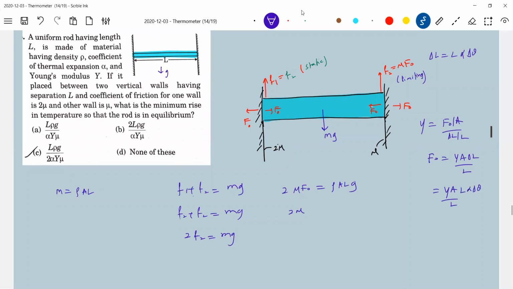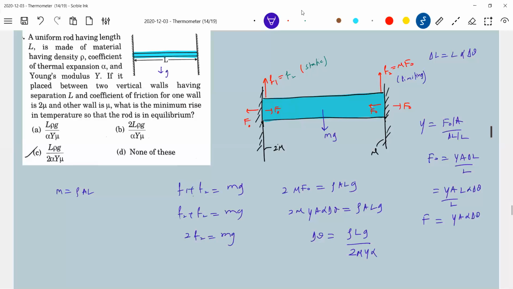L alpha delta theta. So F naught equals Y A alpha delta theta. I'll substitute here: Y A alpha delta theta equals rho A L g. A cancels, so delta theta becomes rho L g by 2 mu Y alpha.